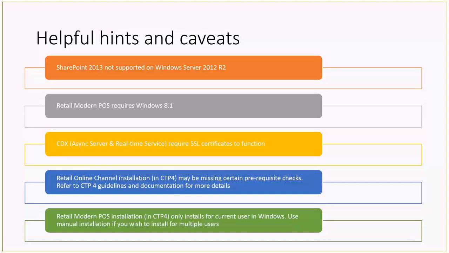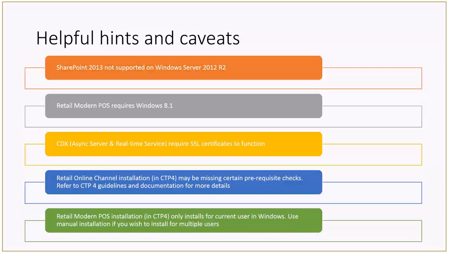The next thing to keep in mind is your CDX HQ side components, your async server and your real-time service will not function without an SSL certificate and without binding to HTTPS or secure ports. This is different from how your retail server and your hardware station function, in that they do not require a secure connection.